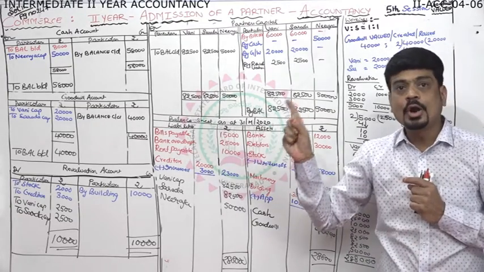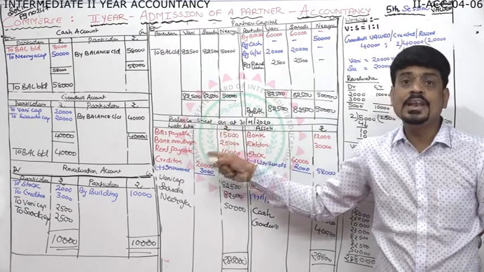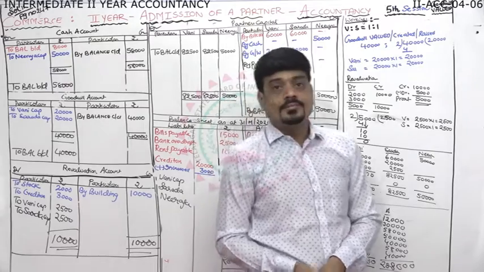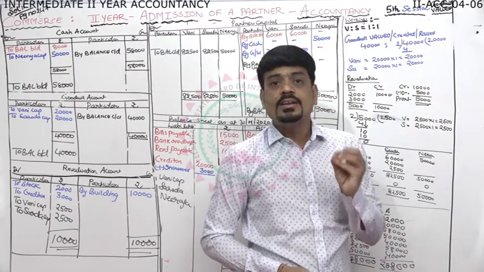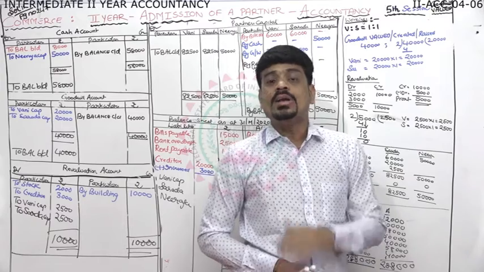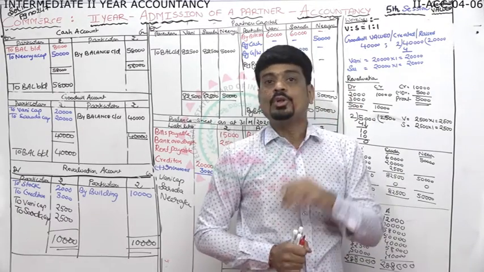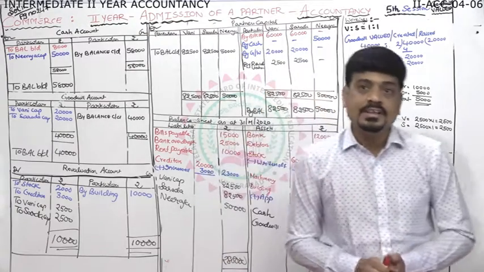Then second, brought and withdrawn. And third, I have shown you goodwill is valued. Now, in the last session, I'll show you the last part of the goodwill, that is goodwill is valued and it is written off. If you remember, I taught you intangible asset accounting standard 26. That we'll see in the next session here.